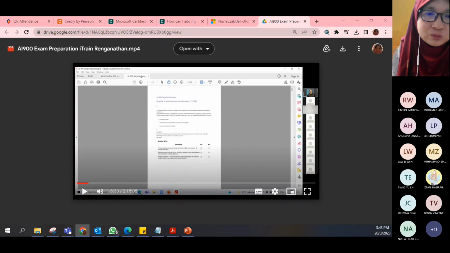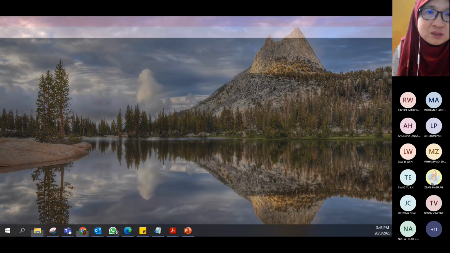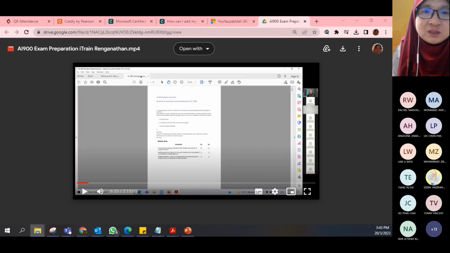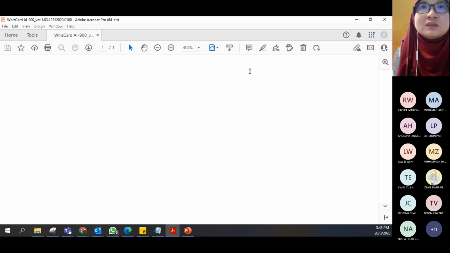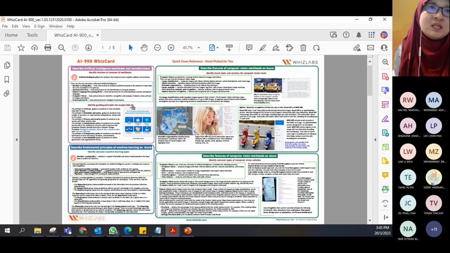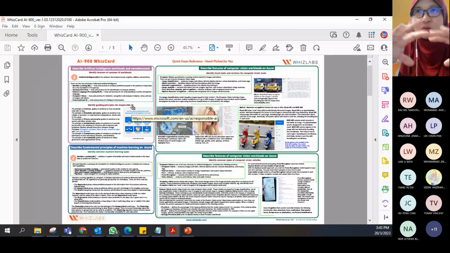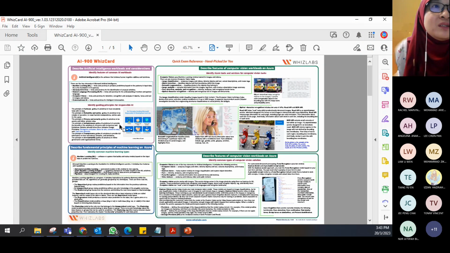I'm gonna share a few of these. So this is the Wiscat. If you have understood the overall topic for AI900, this is for the last day of your examination. You can refer to it.